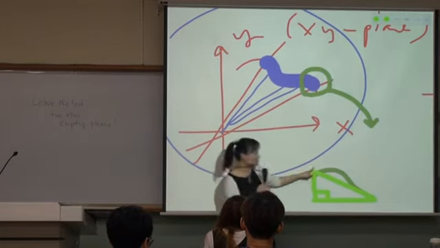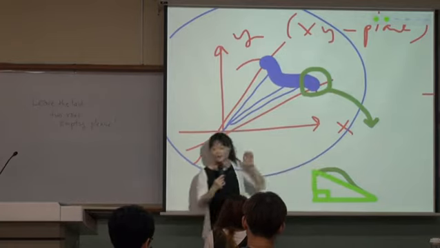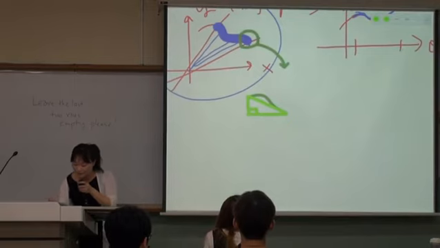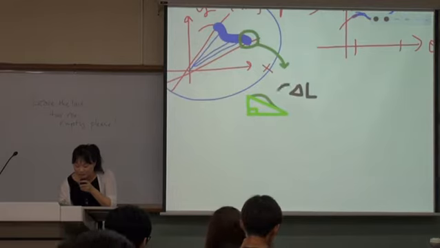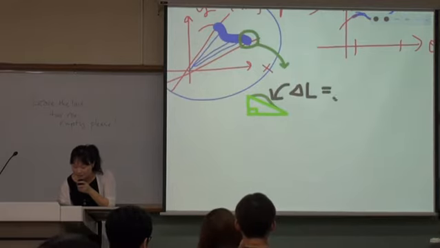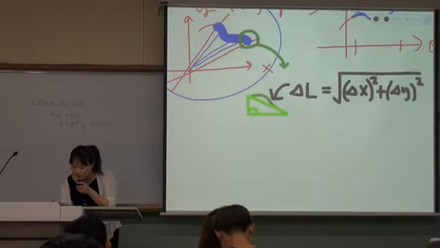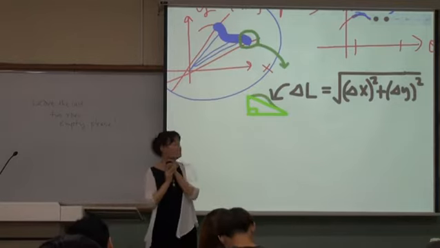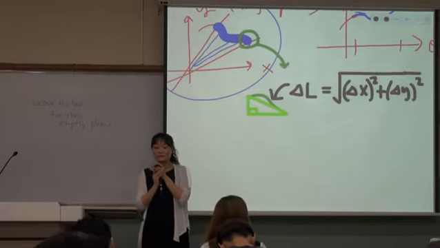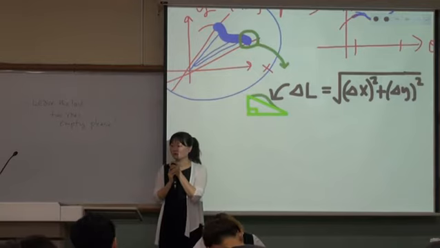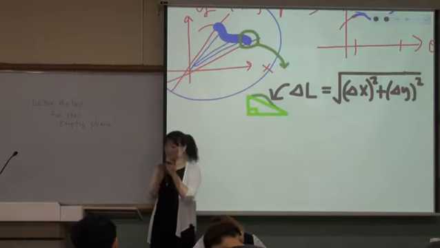And this length is the square root of that, right? So we're going to call that delta L. Delta L is the square root of delta x squared plus delta y squared. Make sense? We're not done yet.